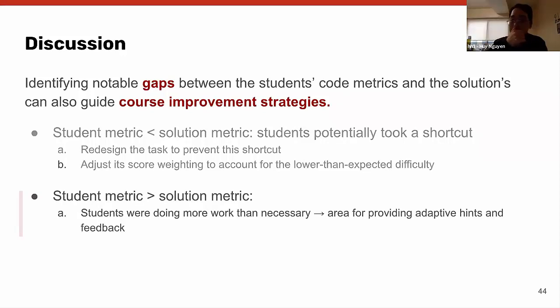At the same time, if the students' metric turns out to be a lot higher than the solution metric, which we did see in our analysis, then this is indicative that students were doing more work than necessary, and it leads to an area for providing adaptive hints and feedback that can guide them towards the correct solution.